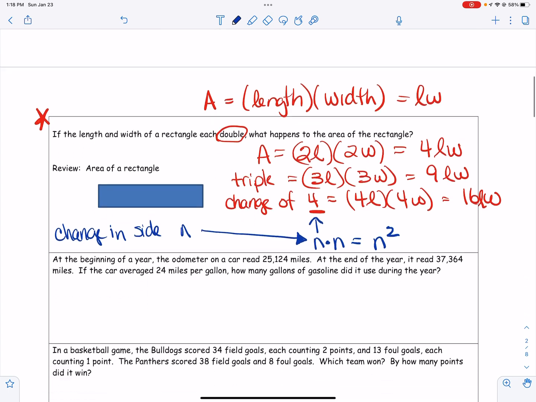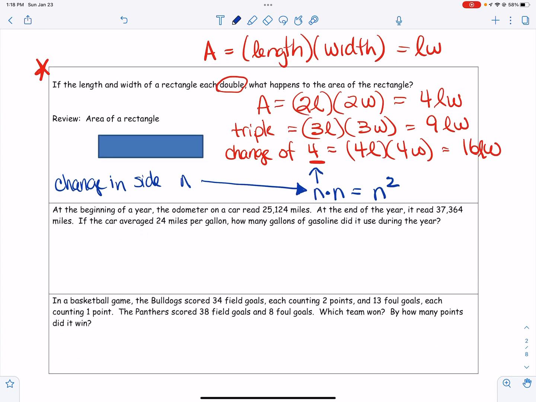All right, and the next problem, again, it's another gas problem where we are looking for this time how many gallons did we use, where the previous section we were looking at how many miles per gallon. So you have a beginning odometer reading, and then you have an ending odometer reading. And so we want to make sure that we take the ending 37,364, and we subtract 25,124.